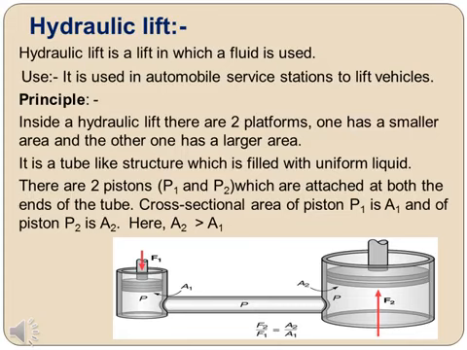Let A1 and A2 be the cross-sectional areas of piston P1 and piston P2 respectively. Here, the cross-sectional area of the second piston A2 is greater than the cross-sectional area of the first piston A1.